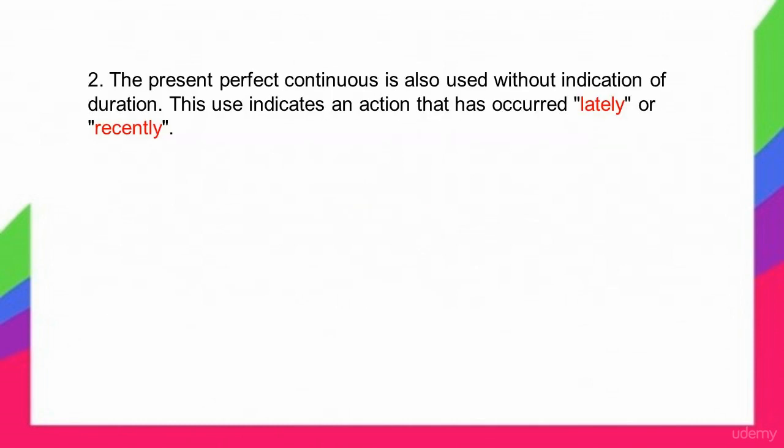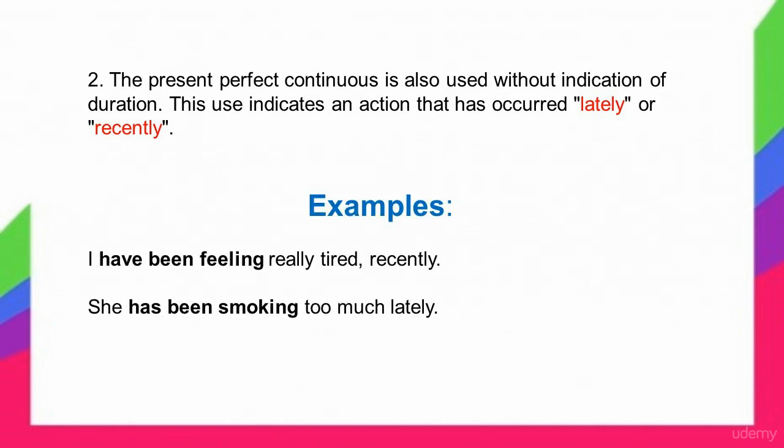The present perfect continuous is also used without indication of duration. This use indicates an action that has occurred lately or recently. Examples could be, I've been feeling really tired recently, or she has been smoking too much lately.